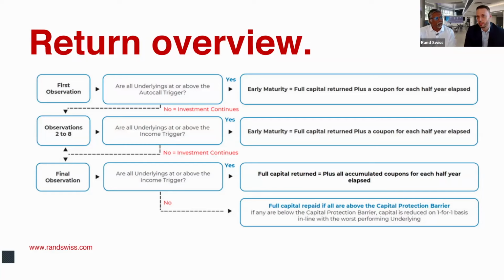If at the final observation, so if after 9 chances the index is still down and we haven't triggered yet, that means that one of these indices or 2 or 3 of these indices are down. The rule is we now look at the worst index, whatever that is. That's the one that will be measured against the capital protection barrier in year 5, and there the loss will be taken on a 1-for-1 basis.